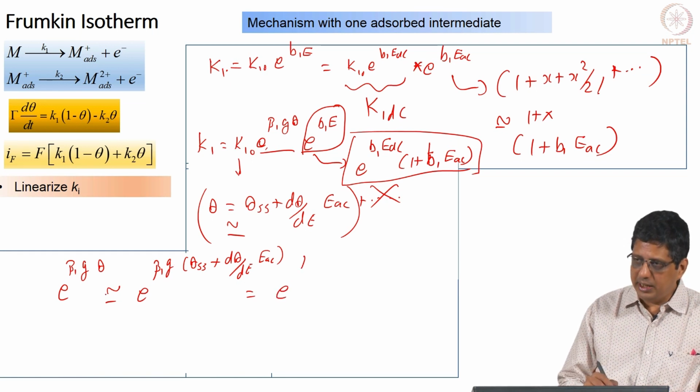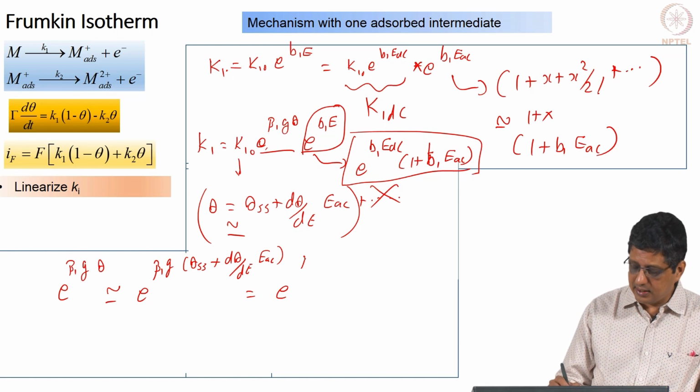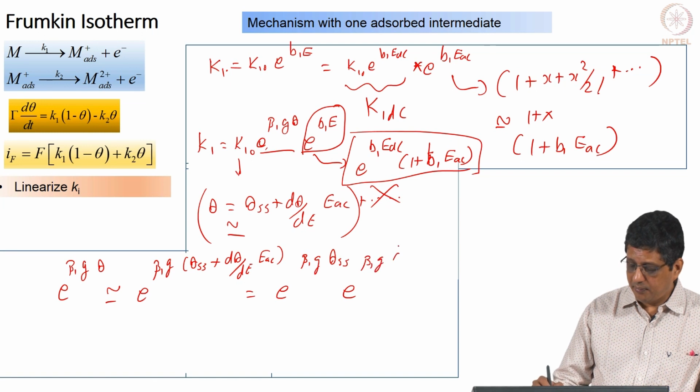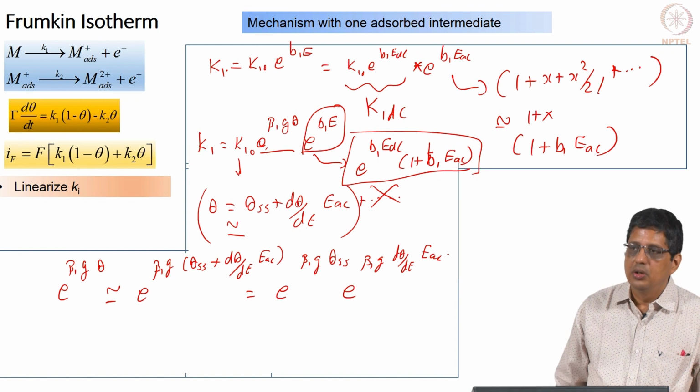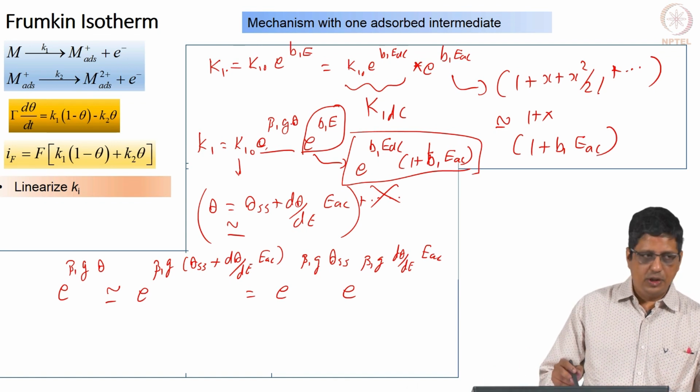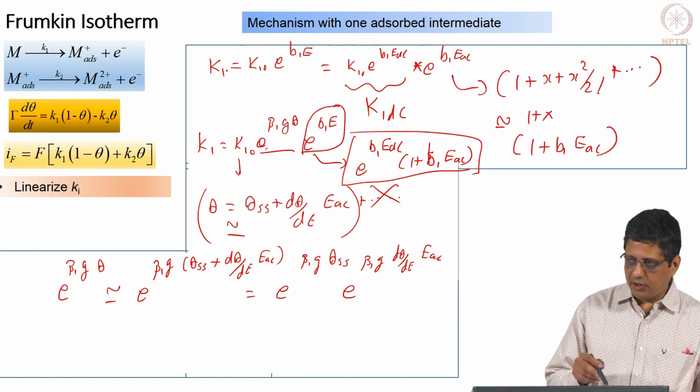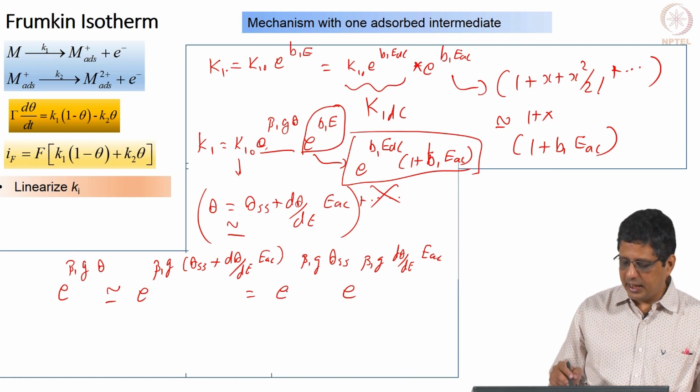So, 1 is approximately equal to, because I truncated the series. After substituting for theta in the truncated form, I can expand this and write it as a product of 2 terms.